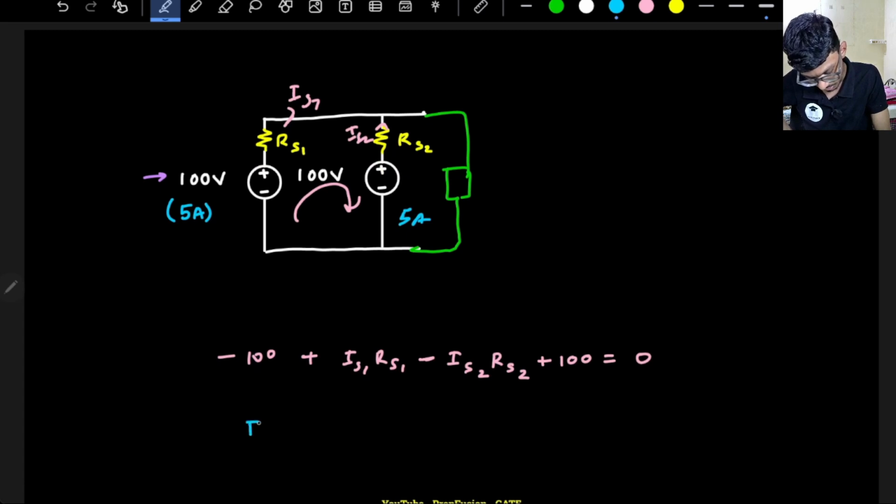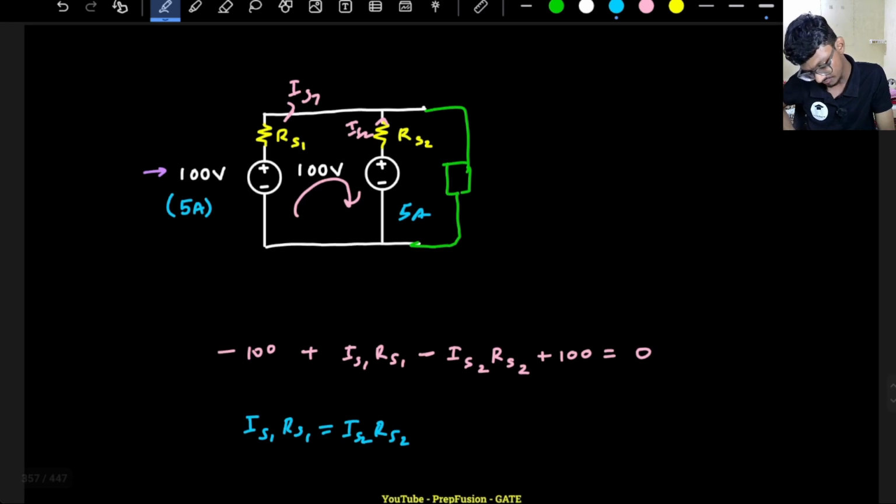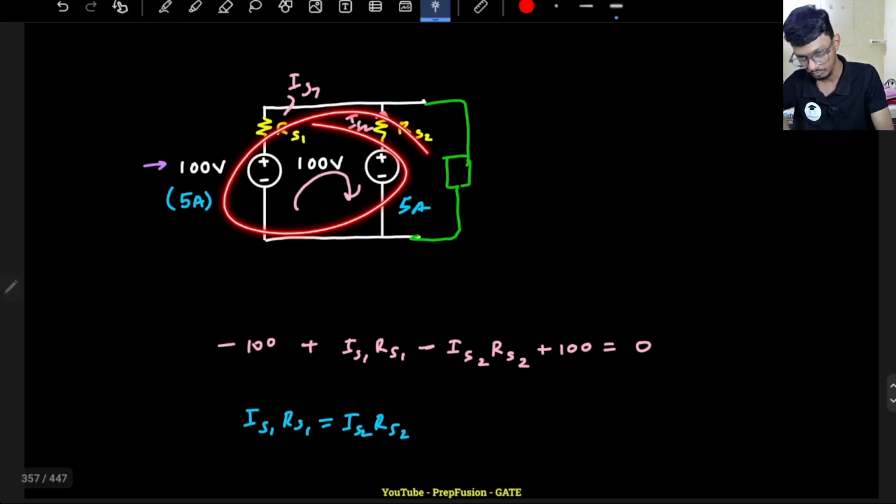Basically IS1 into RS1 will be equal to IS2 into RS2. This is the drop, and my IS1 and IS2 will actually be very small. This is the first equation if they are in the same polarity.